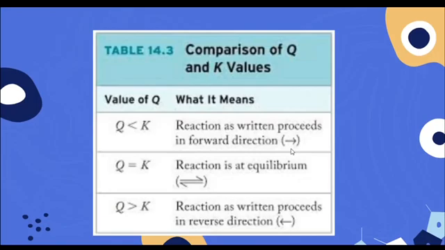And when Q is more than K, Q will tend to decrease itself so it can become equal to K. And lastly, Q equal to K means that the reaction is at equilibrium.